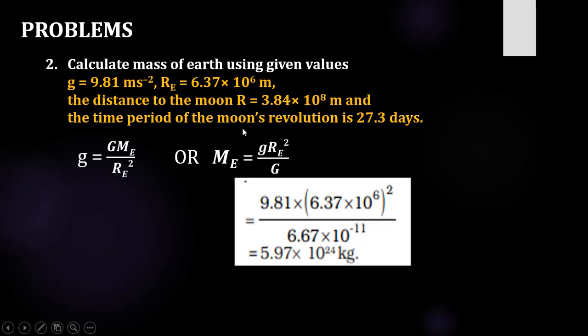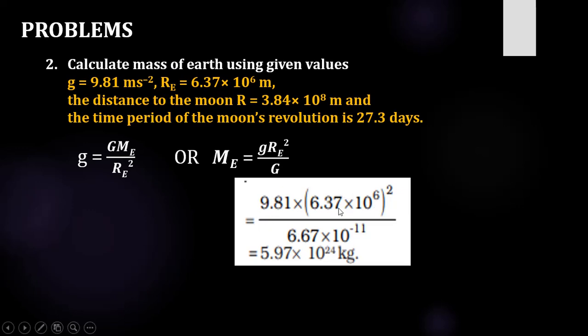Sometimes it is given and sometimes it is not given. You have to remember this value of G. If you simplify, if you take this term 10 to the power of minus 11 to the numerator, it becomes plus. And if you square 10 to the power of 6, it becomes 10 to the power of 12 plus 11, so it will be 23.